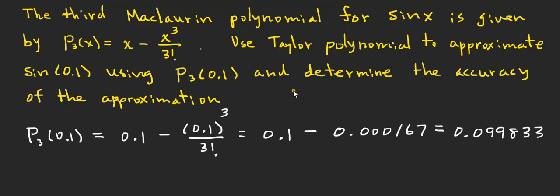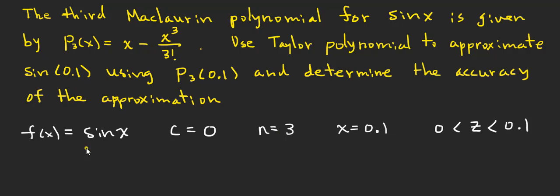And they want us to determine the accuracy of this approximation. In other words, we need to find the maximum error of this approximation compared to the actual value of sine of 0.1. So let's write down the given information. We have f of x equals sine of x.